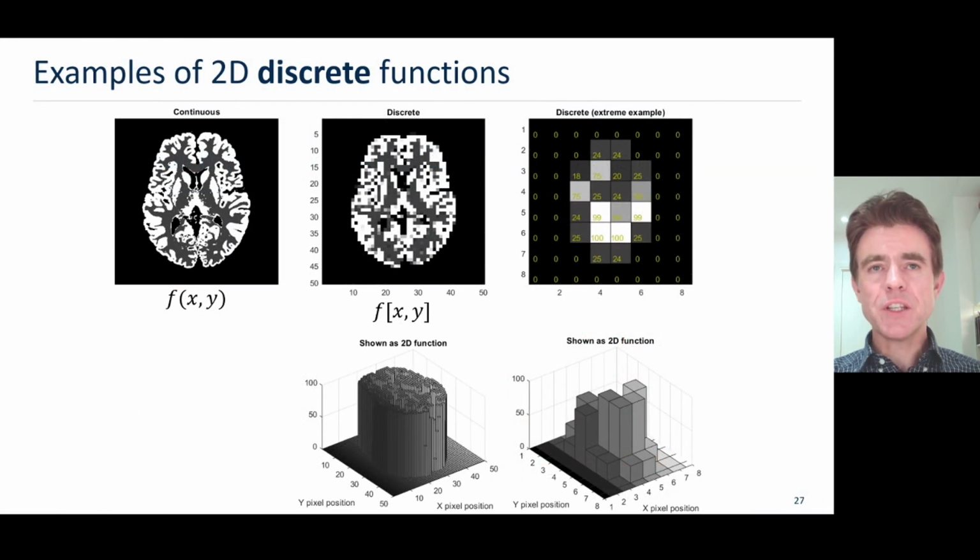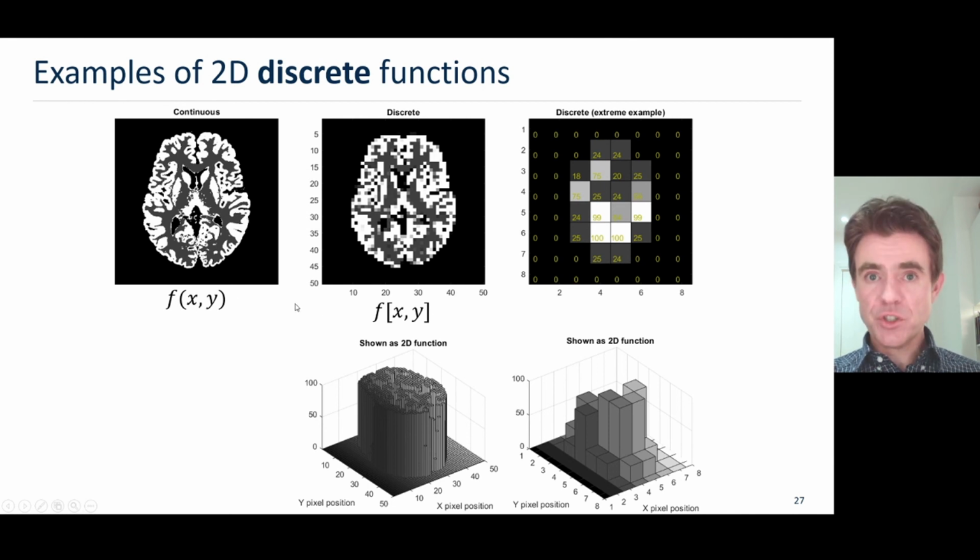This hopefully will make that even clearer. We're going to imagine this is a continuous function. This is a model of fluorodeoxyglucose uptake in the human brain through what's called a transverse section. We've got the tracer concentration F varying with x and y.